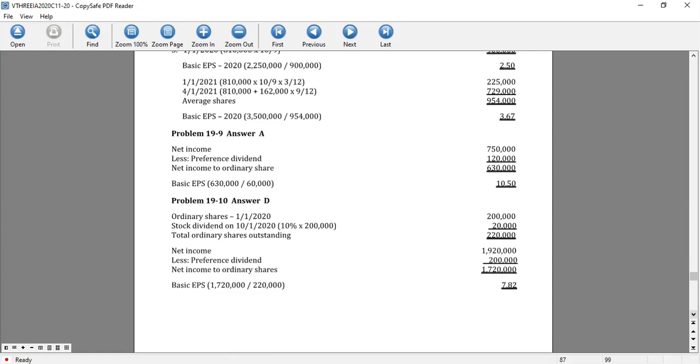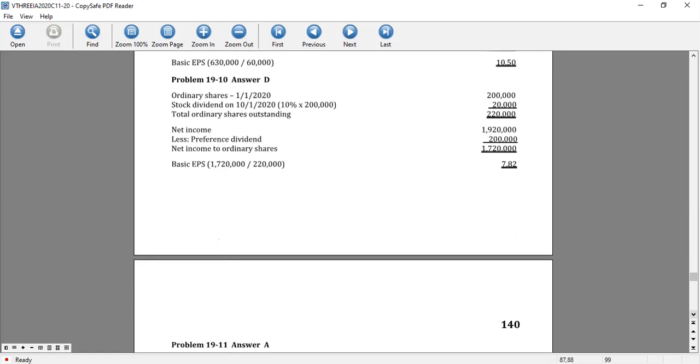So the net income to ordinary shares is 1,720,000 divided by the ordinary shares outstanding. We get 7.82. That's the basic earnings per share.